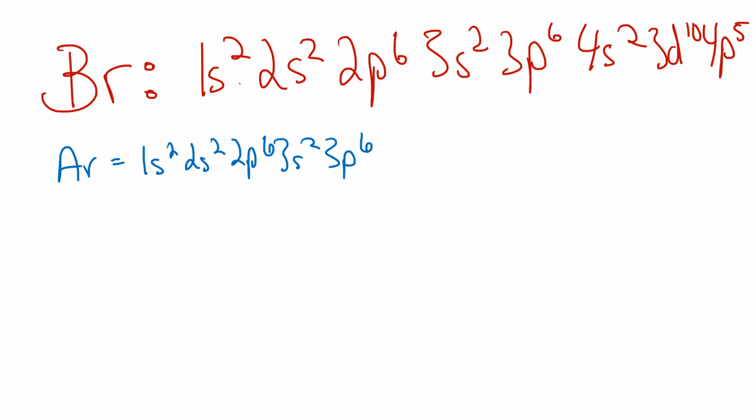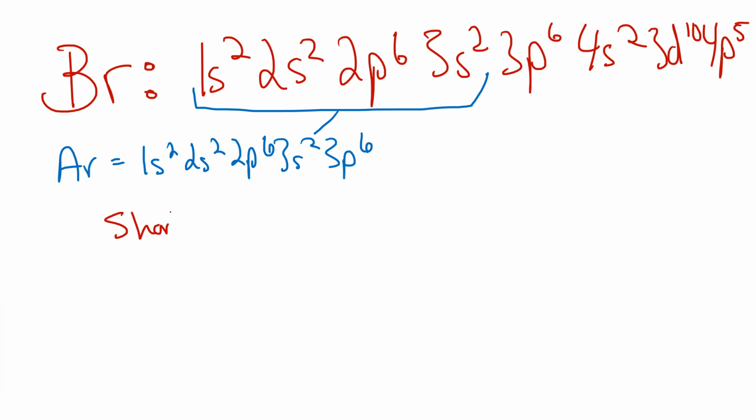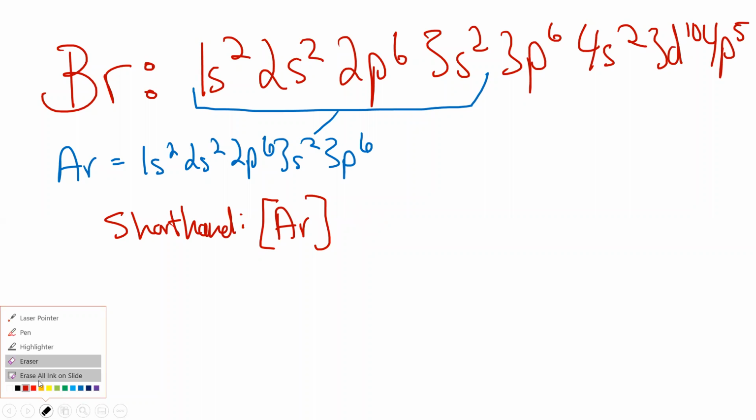Done. That is the same thing as this right here. Okay? Which means that shorthand, you can write this as argon up to that point, including 3p6.